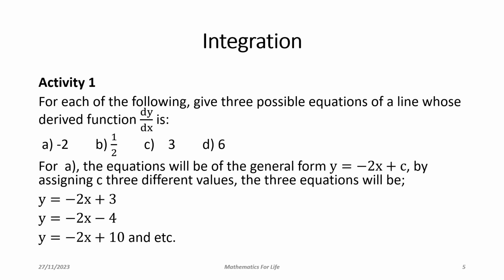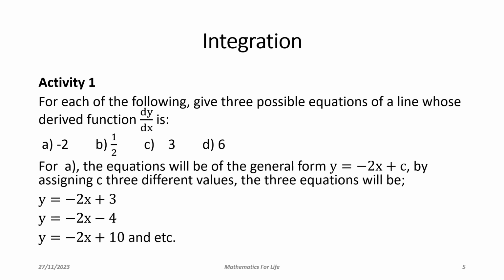So let's take our very first activity, activity number 1. For each of the following, give 3 possible equations of a line whose derived function dy/dx is: part A, -2; part B, a half; part C, 3; part D, 6. So how do we proceed to determine 3 possible equations given their gradient function?